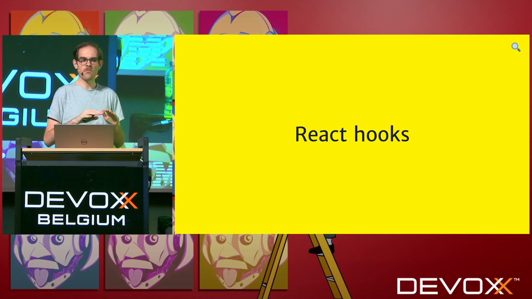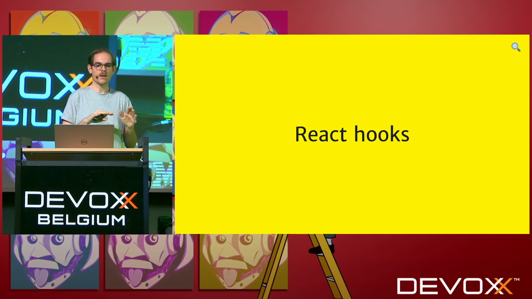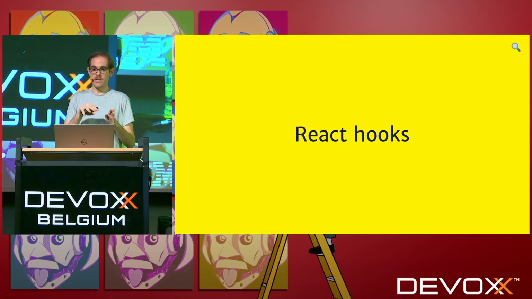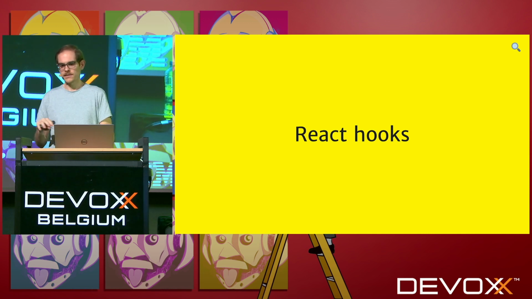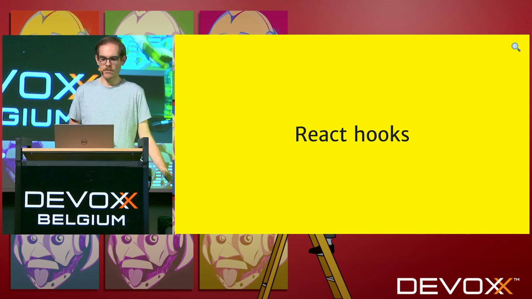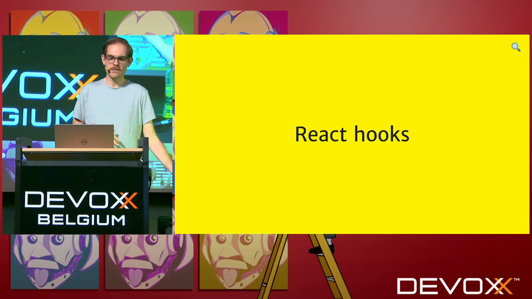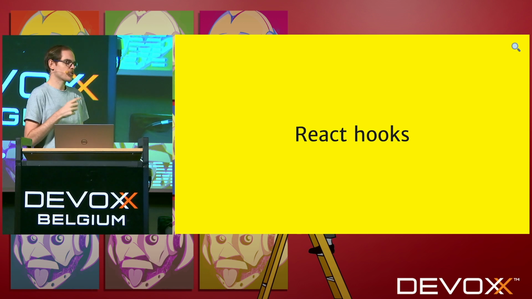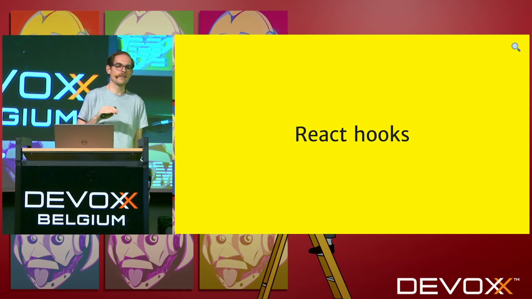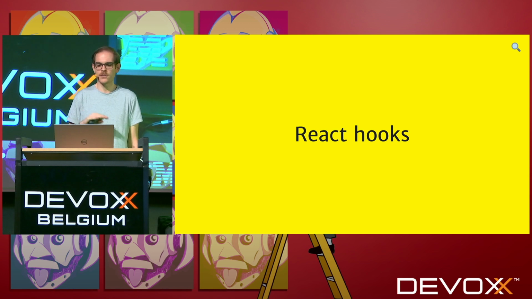So whenever you wrote a function and wanted to add state, for example, you needed to rewrite that function into a class to add state. So that was a little bit cumbersome. So they came up last year with something called React hooks, which are basically functions that the framework provides to encapsulate state, but you are still writing your components as a function. You don't need to use classes.